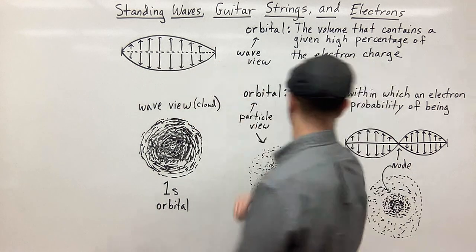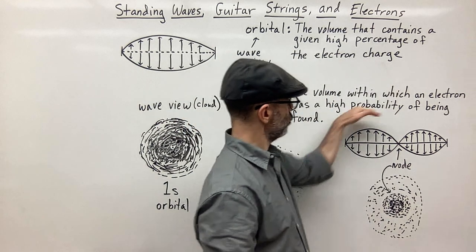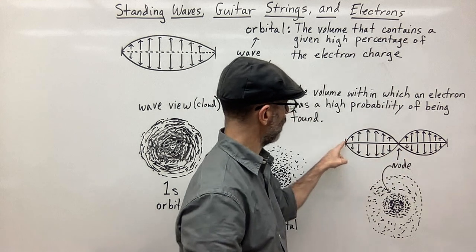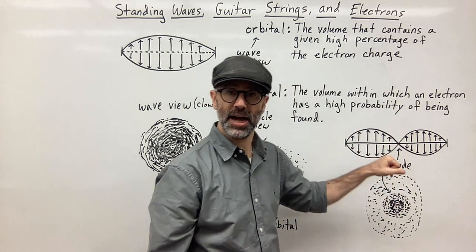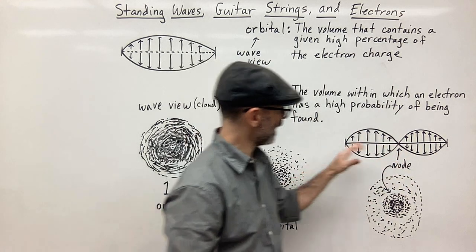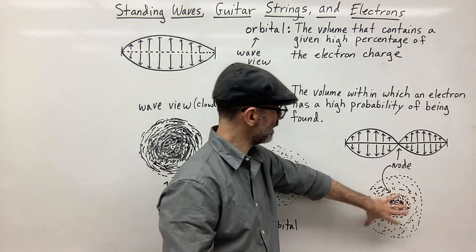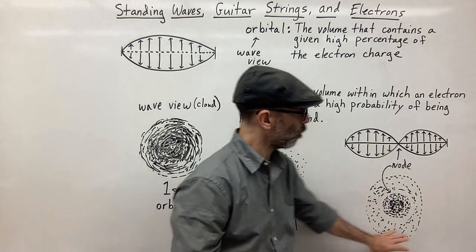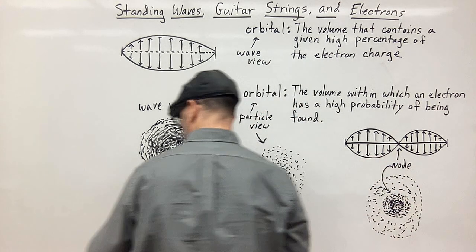Here you have a half wave. With more energy I could put in 2 half waves, right? So now I have 2 half waves, and this is going up and down. So now in the same way, you have an orbital here.